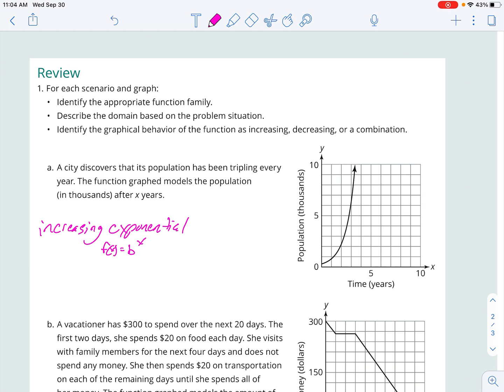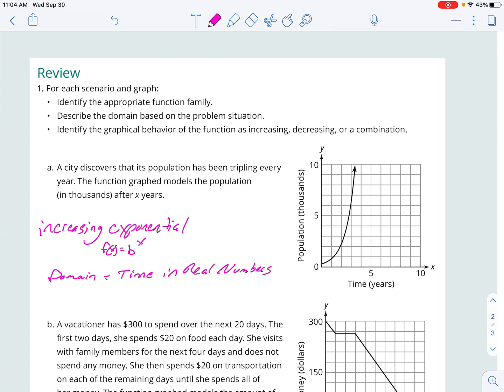So it's increasing exponential. And then the domain, okay? The domain here is going to be the real numbers. It's going to be the time in real numbers. In this case, meaning we're starting at 0 for time.